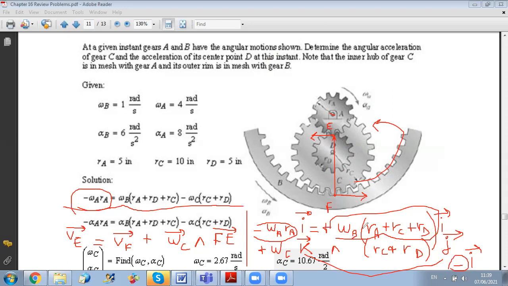Because here what we did is calculate the velocity of point F, right? Point F is common between gear C and gear B, right? What is gear B doing? Look at the figure. Gear B is rotating about which point?